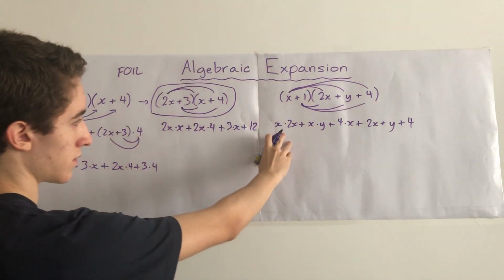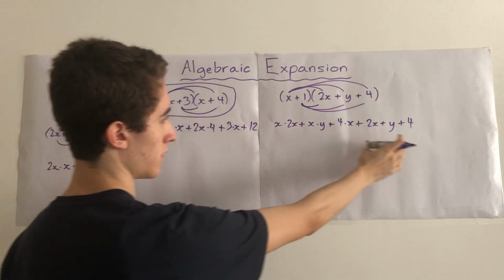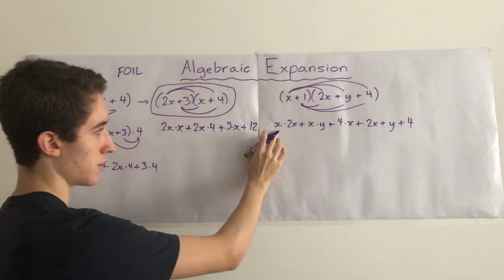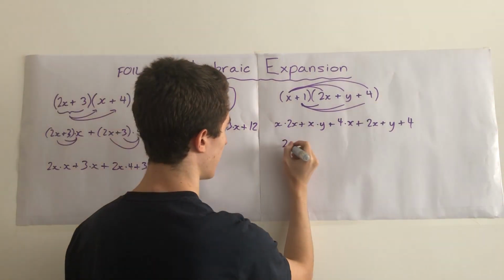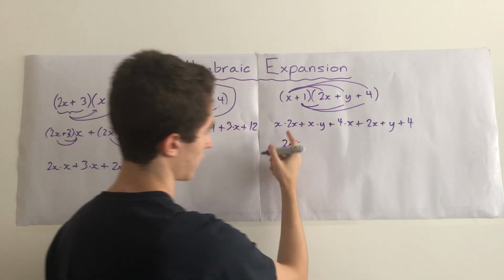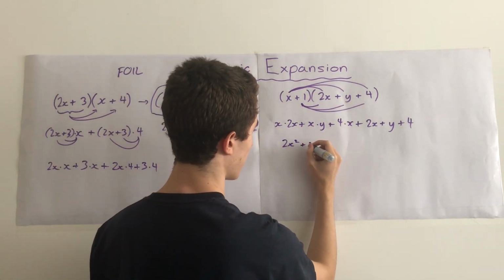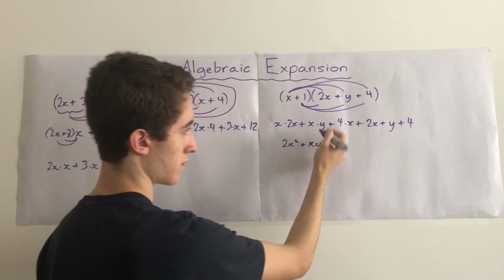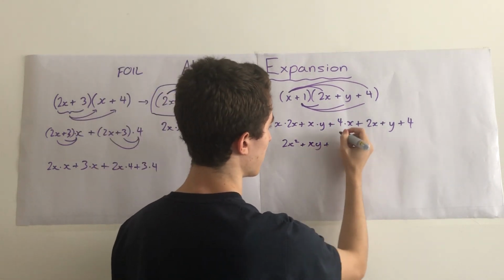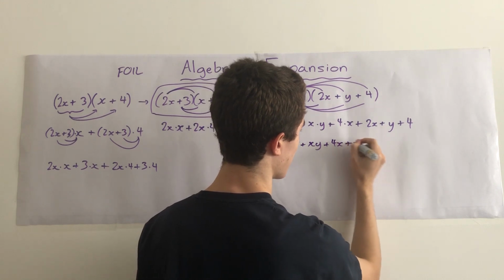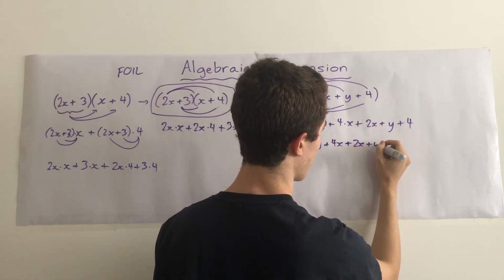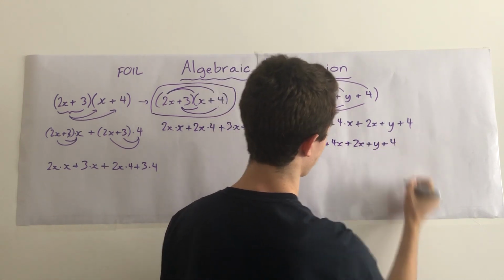So first let's write out these multiplications in simpler ways. 2x times x can be written as 2x squared, right? Exponent, there are 2 x's being multiplied, so we can write it as x squared. Here, xy, it's just implied multiplication, plus 4x plus 2x plus y plus 4.